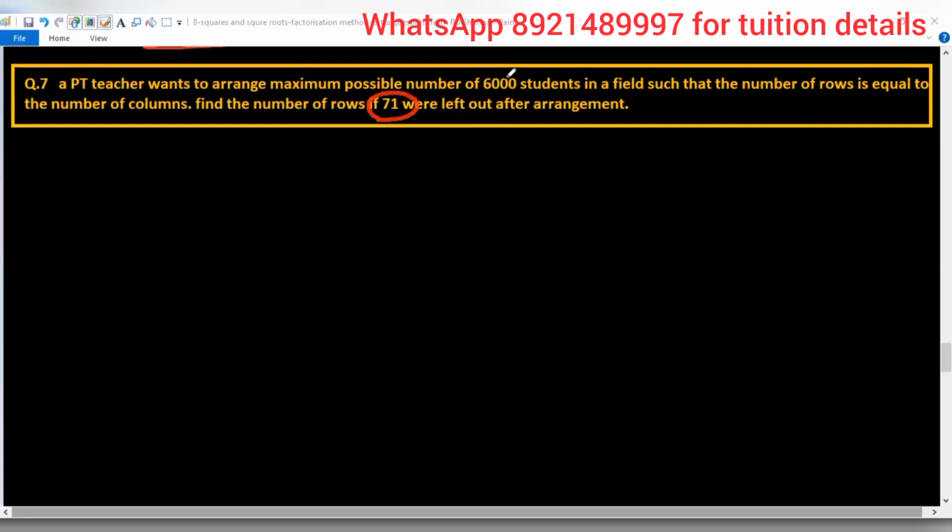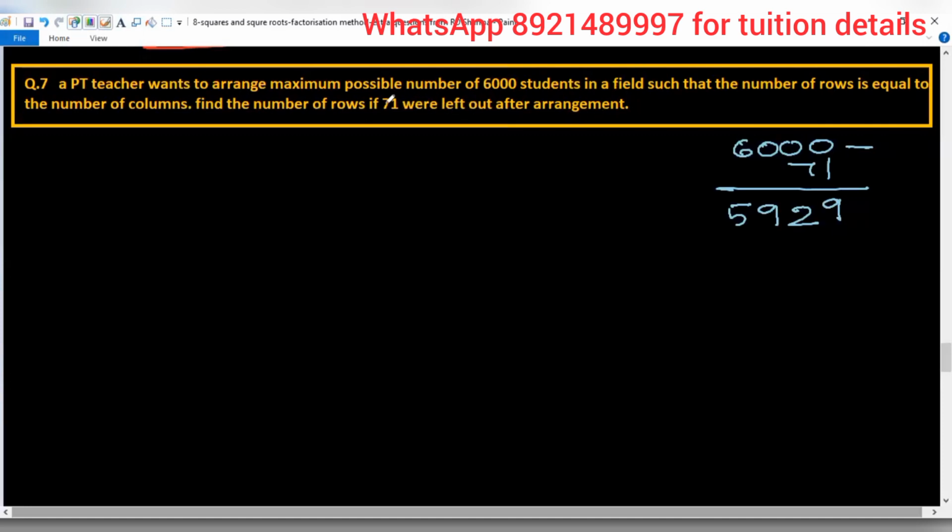So how many students are there on the ground? 6,000 minus 71. Only that many students are arranged in the field, right? Because 71 were left out. So when we subtract, we get 5929 students arranged there.